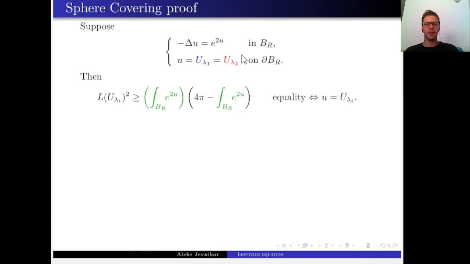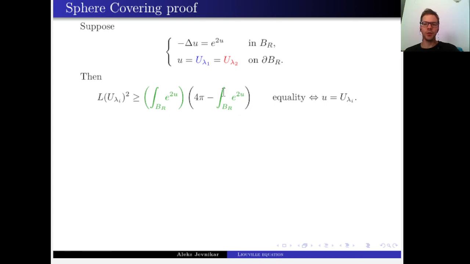So I have the isoperimetric inequality as before, but I can put in here not the length of the general function u, but the length of these two spherical caps, since they all three agree on the boundary. We know that the equality now holds if and only if the function u is exactly one of the two spherical caps.